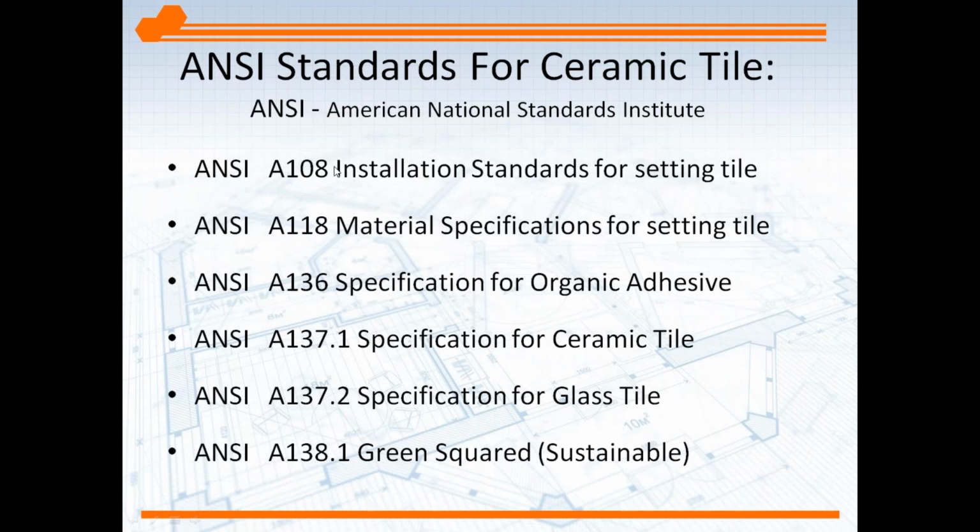The ANSI Catalog 108 section is the installation standards for tile setting materials. So if you were talking about a grout and how that grout is installed and some of the standards for installation, like temperature or setting time, you would look in the A108 section of ANSI and you would be offered support there for that topic.